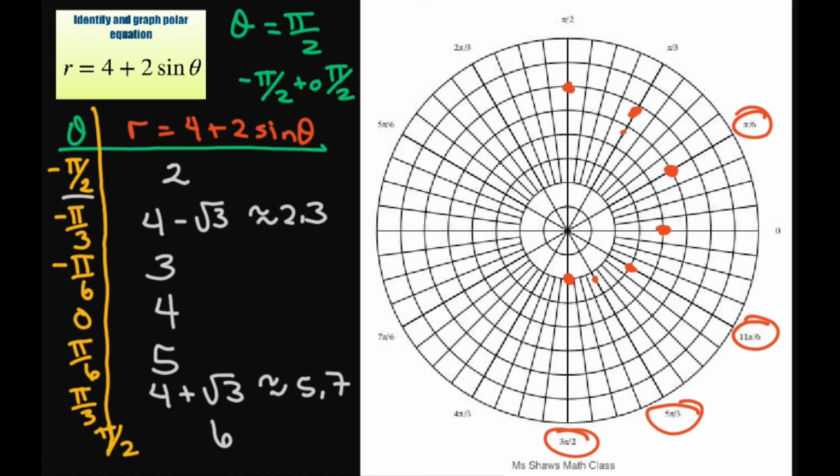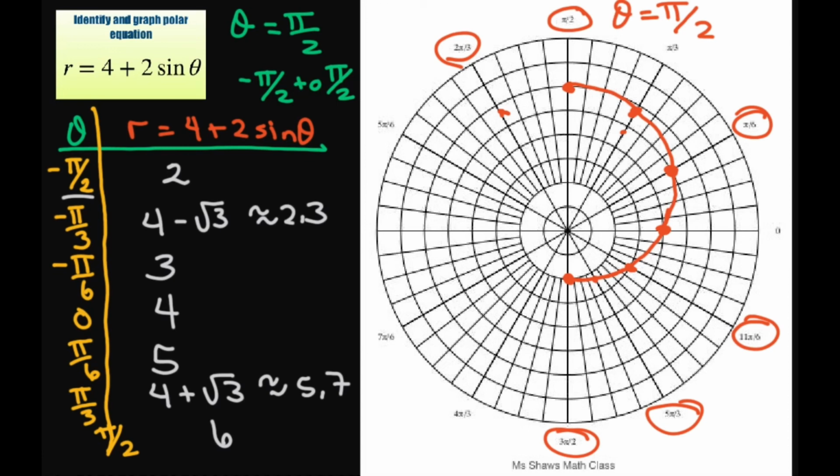All right, so let's connect these and see our shape. Now we know it's symmetric to the line theta equals pi divided by 2, so we're just going to use symmetry and go back around. Here we'll be at 5.7, then we're going to be at 5 here.